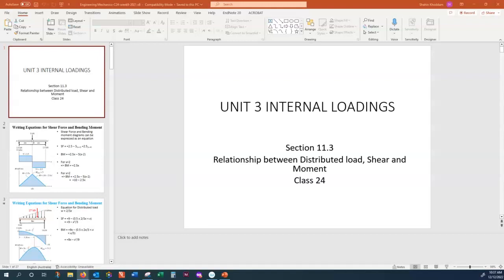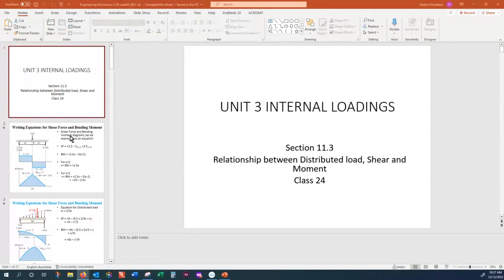All right, let's get this started. This is week 9 now, and we have a very important topic in front of us. Given a structure, you want to find out the internal loads.